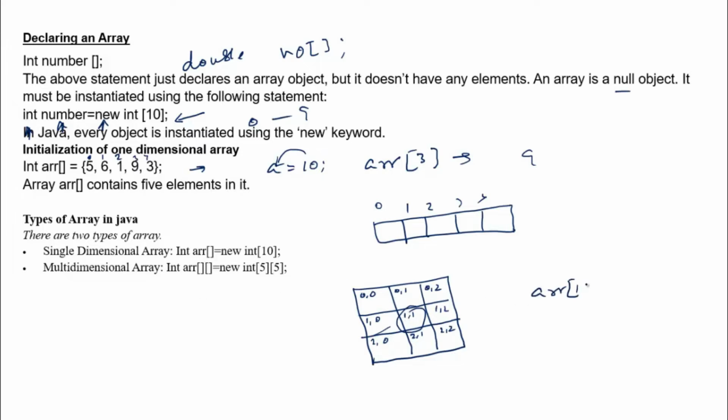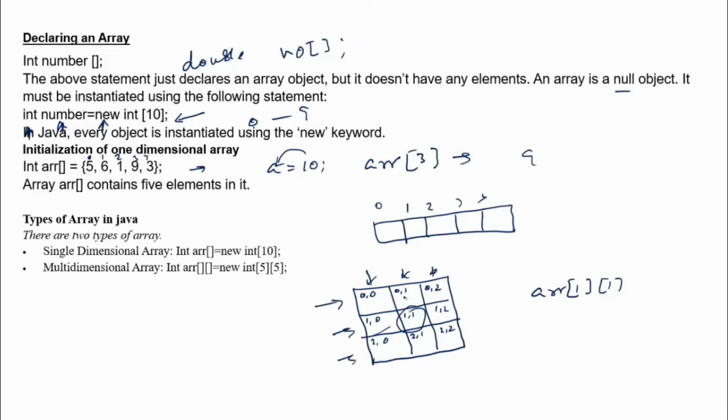If I give here 1 and 1, whatever is stored in this memory location, it will give me the value or the element of this 1 1 position. This is the column here, and this is the row here, and the intersection.